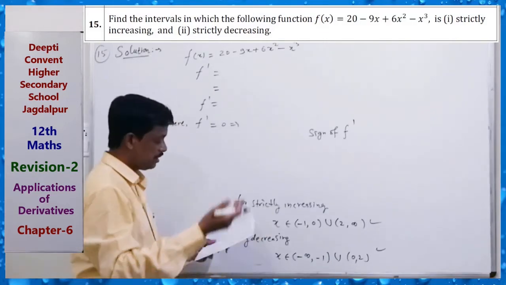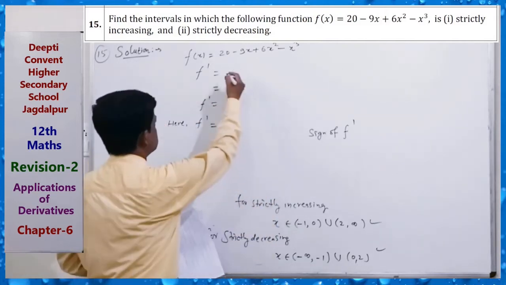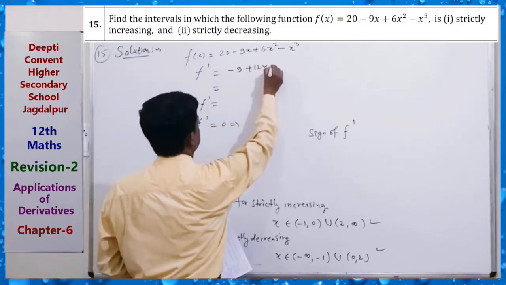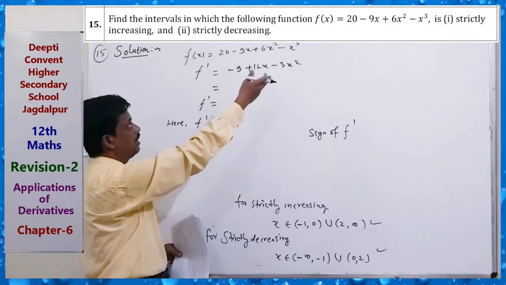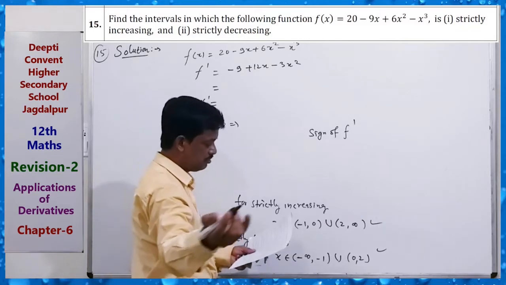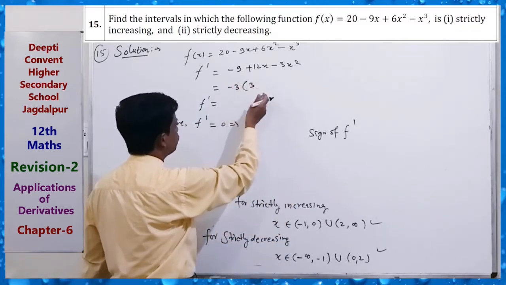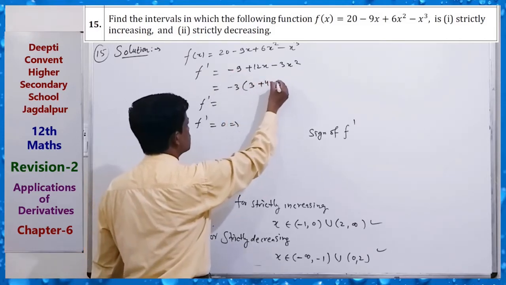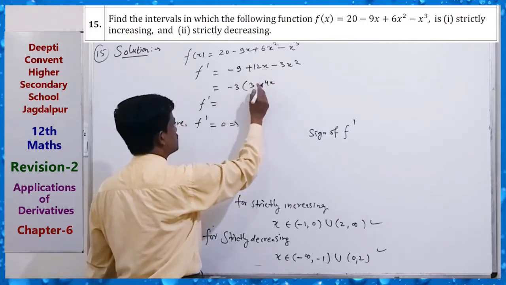Okay. So here after differentiating, you can see minus 9 plus 12x minus 3x square. So you can adjust it: minus 3 can be taken outside.